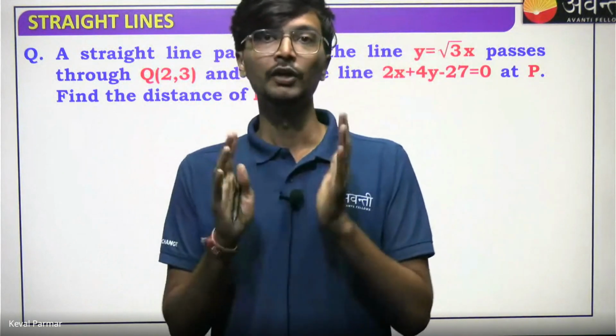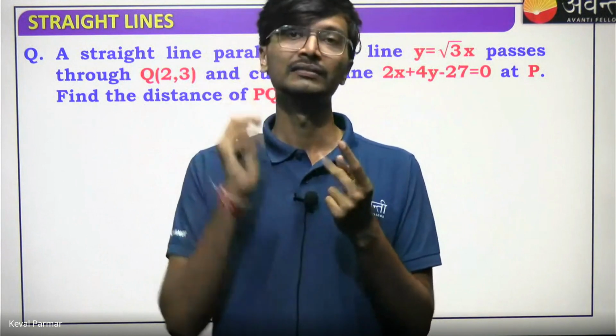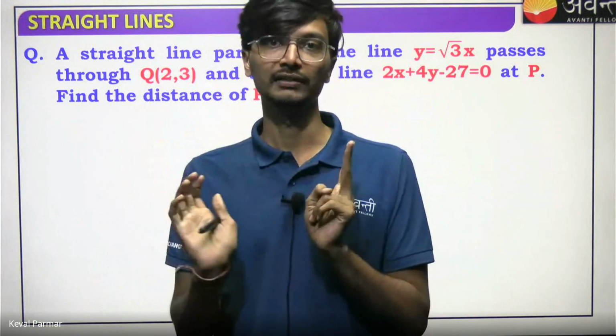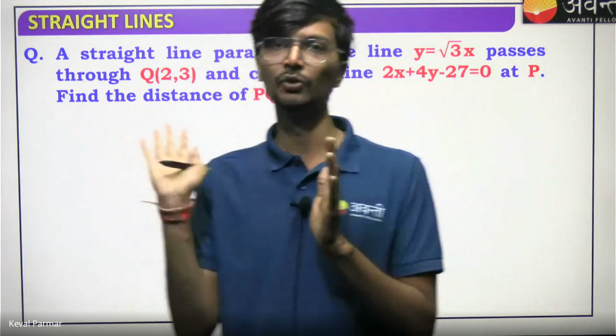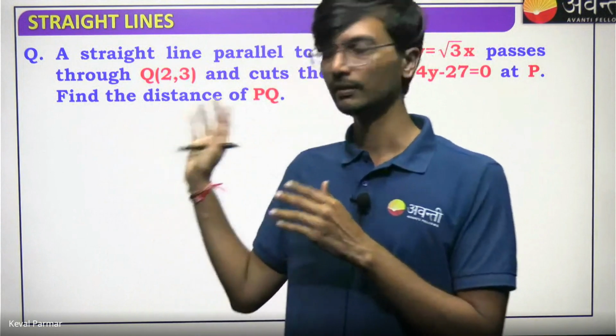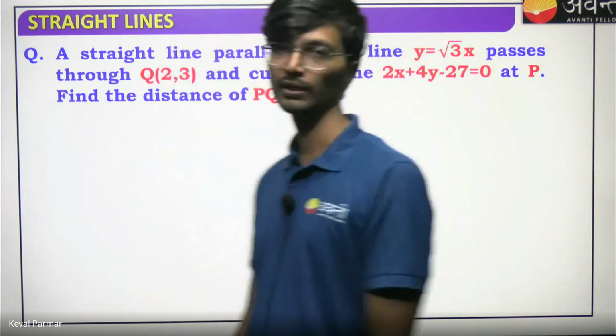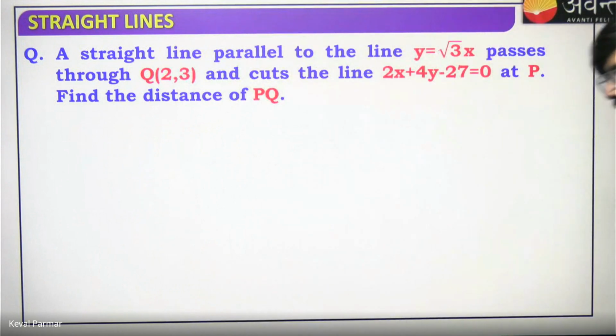Please remember, you have to use the parametric form, and second, you have to use a point of intersection or point of concurrence. If you have some other method, then please do that, but please give me an answer. I'll give you 3 minutes. 3 minutes is more than enough, I think. So your time starts now. Come on, guys. I want you all to try it. I'll give you a hint.